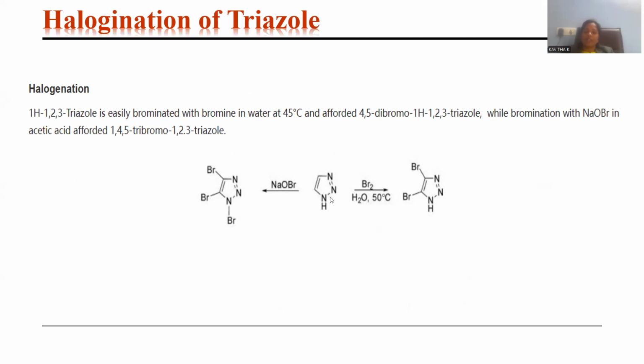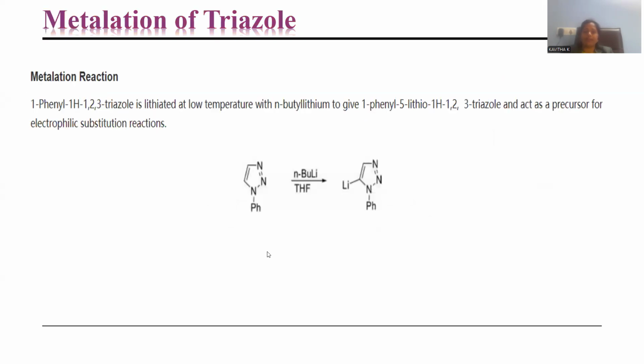Or else it is also possible to treat with NaOBr, giving rise to a kind of bromination. It is to some extent a powerful brominating agent, so tribromo product formation is possible. Even nitrogen is also brominated, as part of this strong brominating agent. This is the way halogenation of triazole takes place.